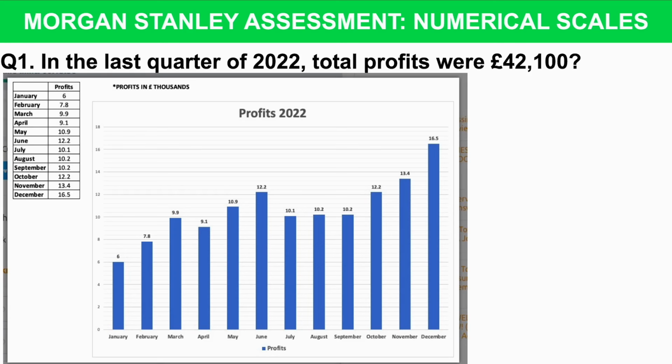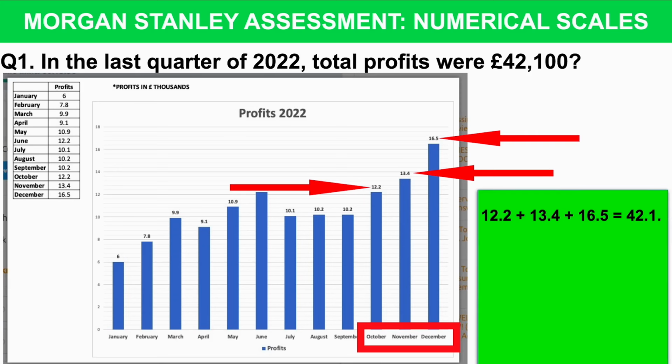So in this case, the last quarter of 2022 is October, November, and December, as we can see here. Now, if we add the 3 figures from these months, 12.2 plus 13.4 plus 16.5, we get a total of 42.1.